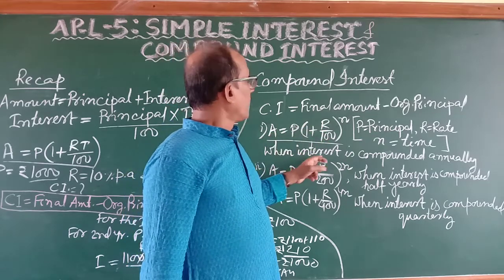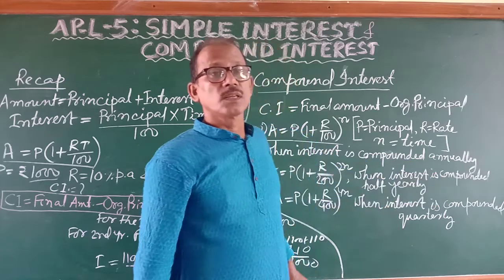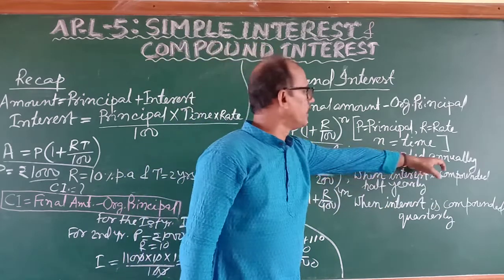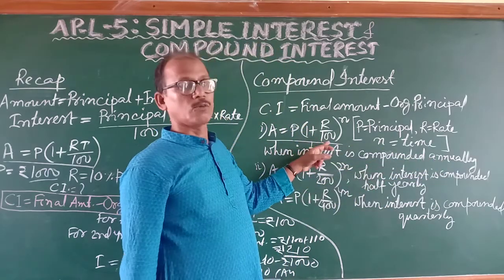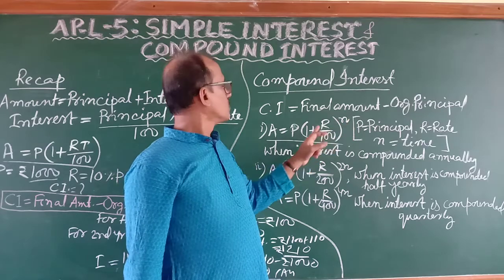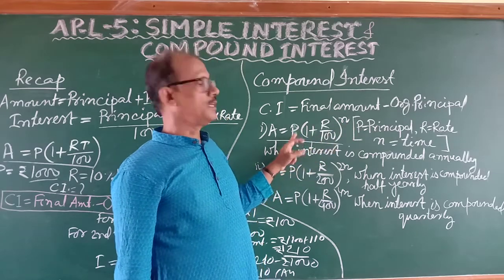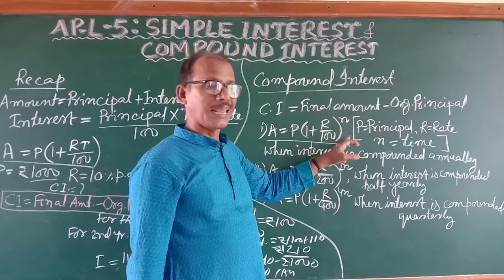So when the interest is compounded annually, means yearly interest is calculated, that time the formula will be A equal to P into (1 plus R by 100) to the power n.